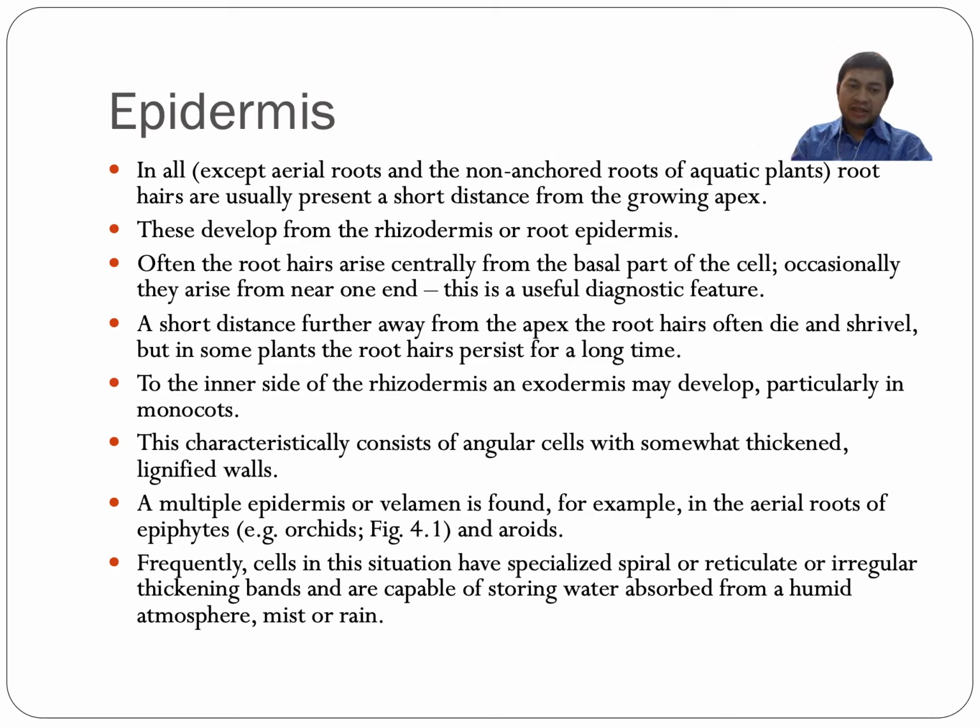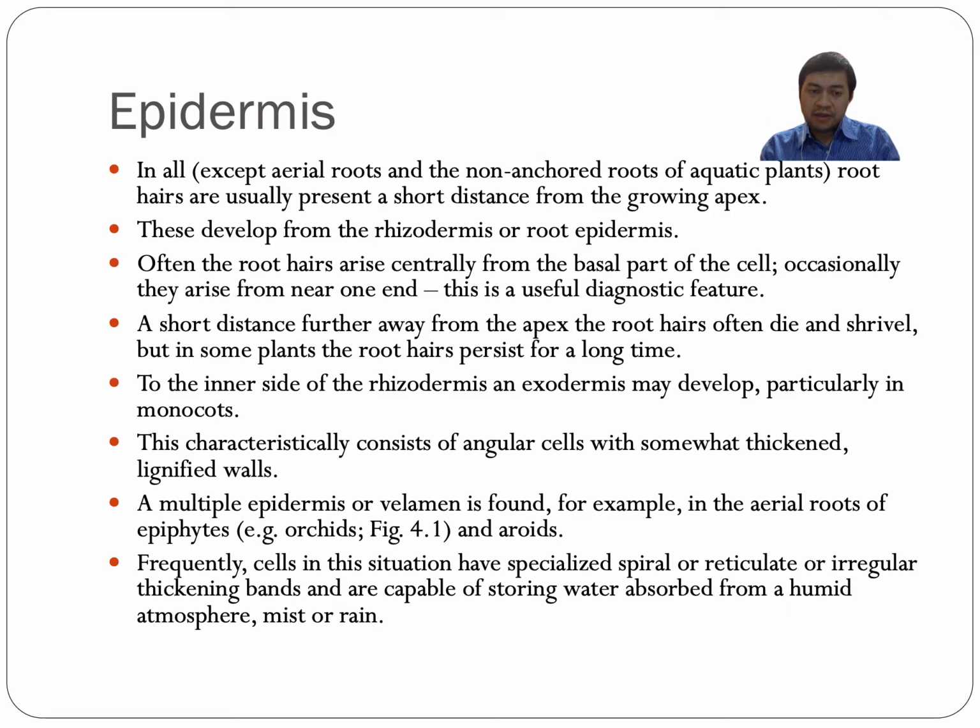And then to the inner side of the rhizodermis, an exodermis may develop, particularly in the monocots. This characteristically consists of angular cells with some thickened and also lignified walls.